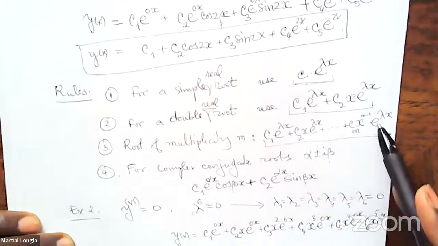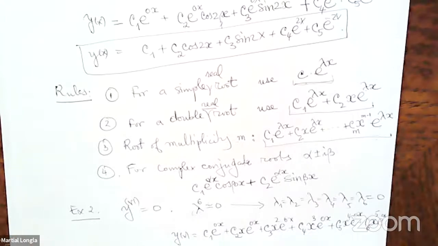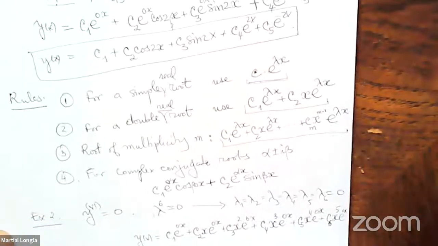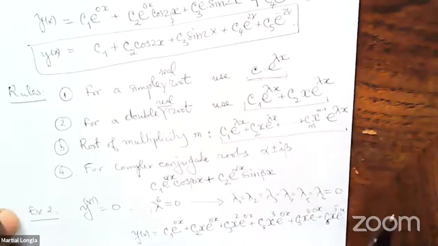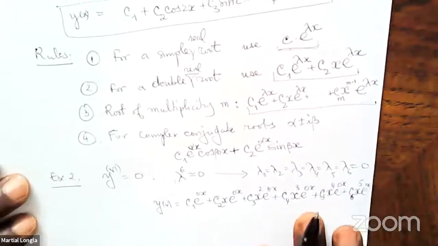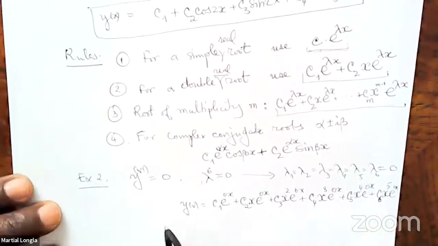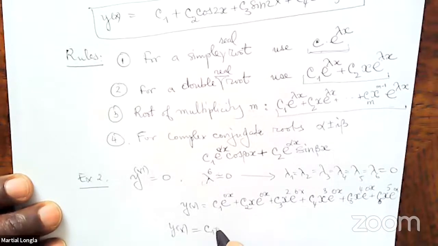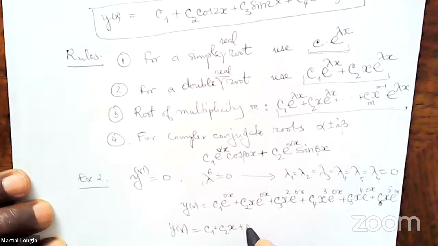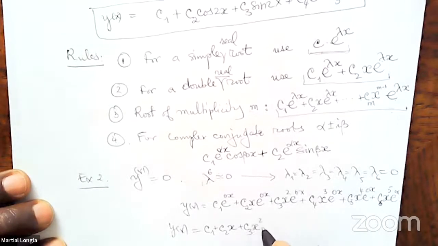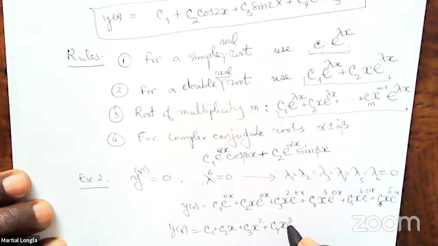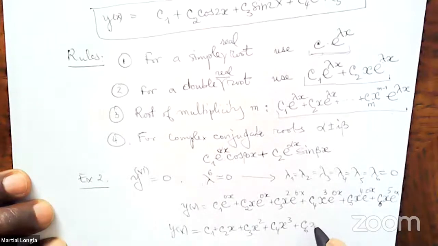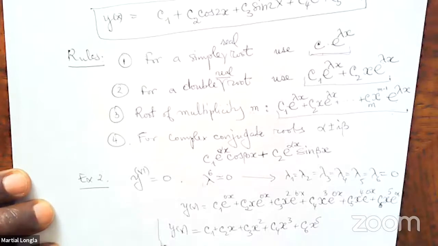That's what that formula says. And now you head in there and simplify this thing. e to the 0x is 1. So this is c1 plus c2x plus c3x squared plus c4x cubed plus c6x to the power 5.